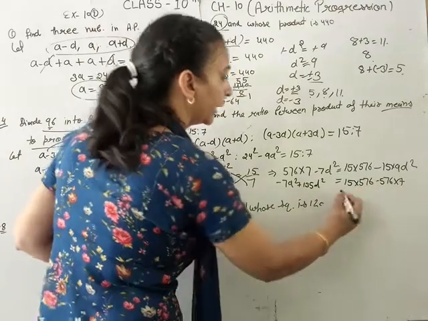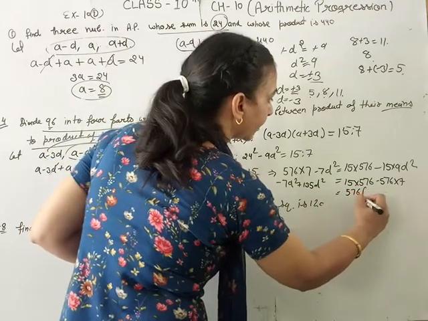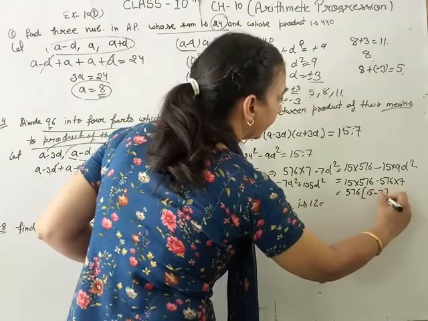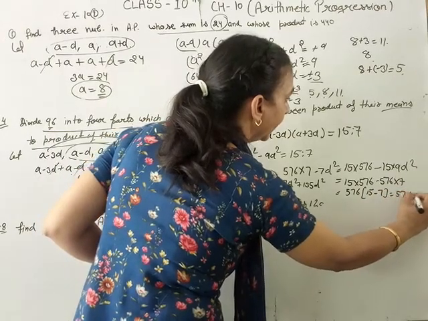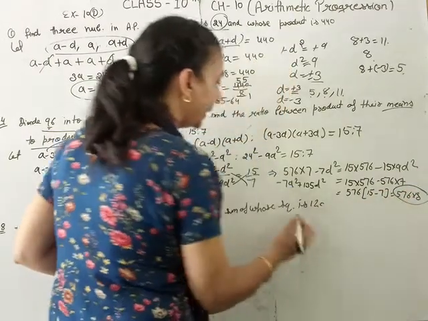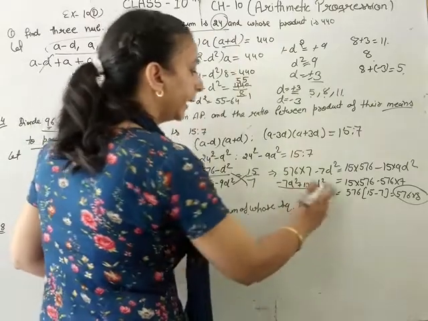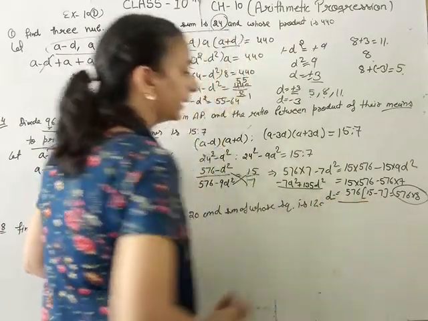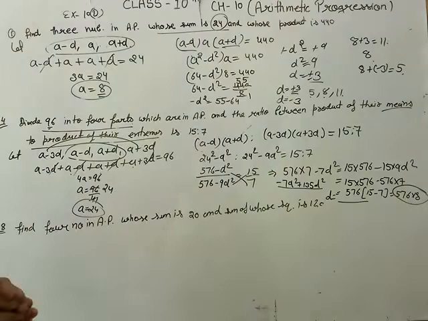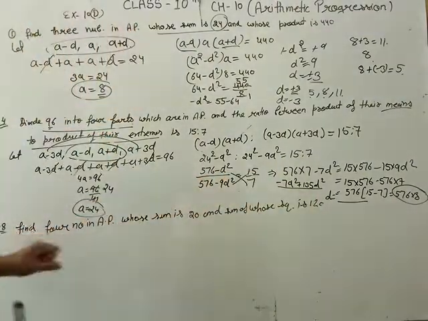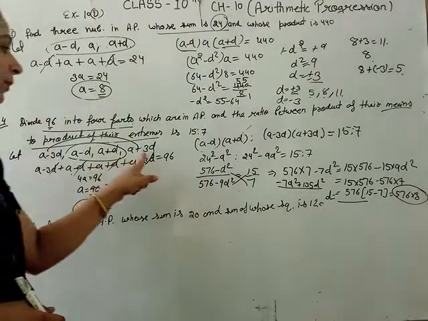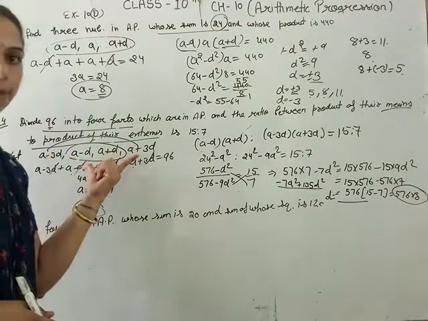You take 576 common, 15 minus 7, that is 576 multiply 8. You multiply this and subtract this. Then D square equals the resulting term. Then you find the value of D, and put the values of D and A in these 4 terms. Then we have these 4 terms.